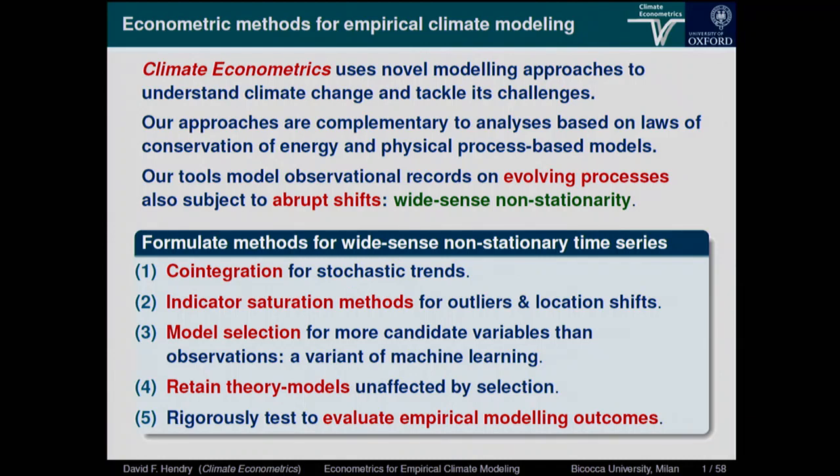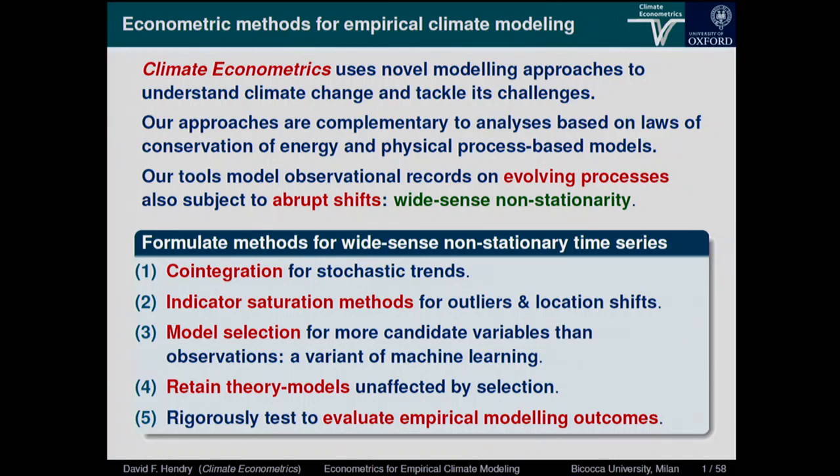We need model selection because we've often got many more candidate variables and observations, and our approach is a variant of machine learning. And then, because there's some very good theory out there on the physical side, we need to retain the theory models unaffected by selections. You've got to divide the process into several bits. In fact, I'll tend to divide it into 3 bits.